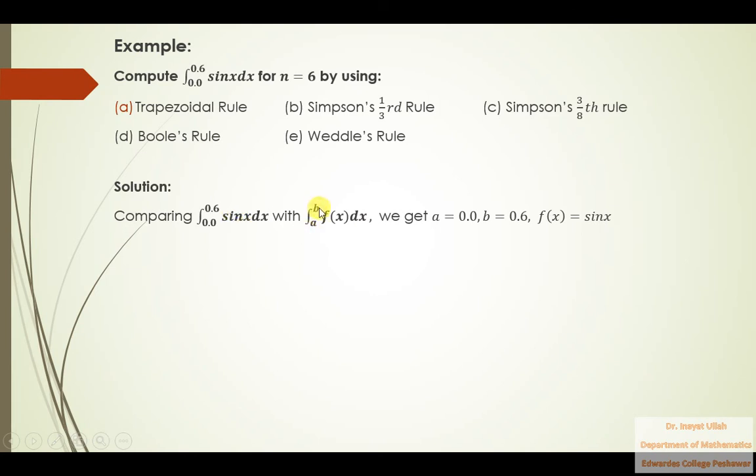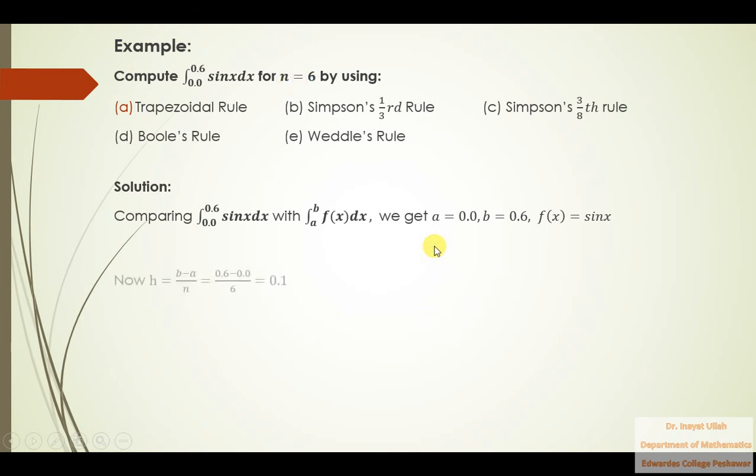We get a equals 0.0, b equals 0.6, and f of x equals sine of x. So a is equal to 0.0, b is equal to 0.6, and f of x is equal to sine x. These 3 values are there, and the fourth value, n equal to 6, is given to you. So these 4 values are given to you.